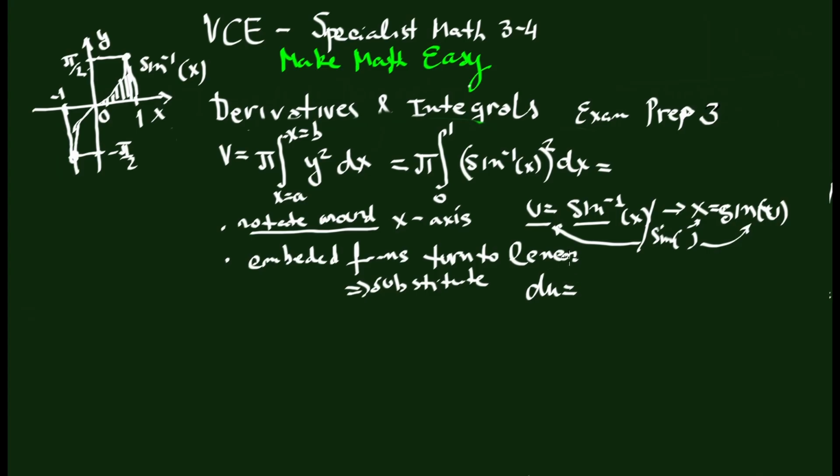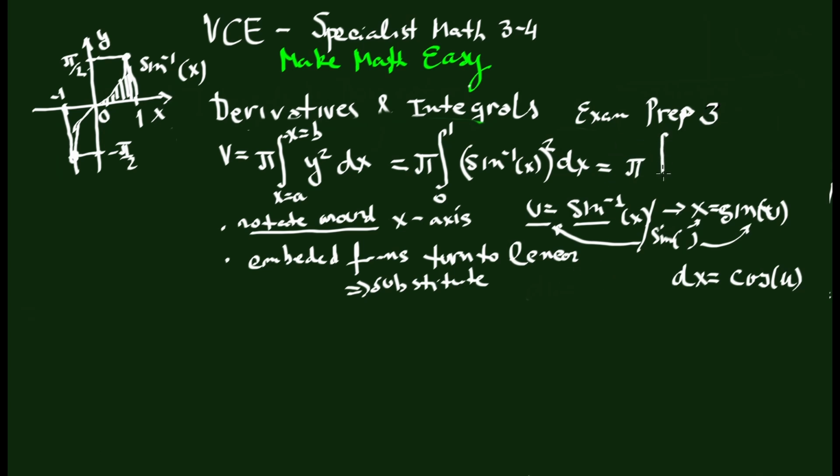So what's du? Oh no, what's dx actually, sorry. What's dx? Because we need dx. So if this is u, then what's dx? dx is cosine of u du. So what does this become?